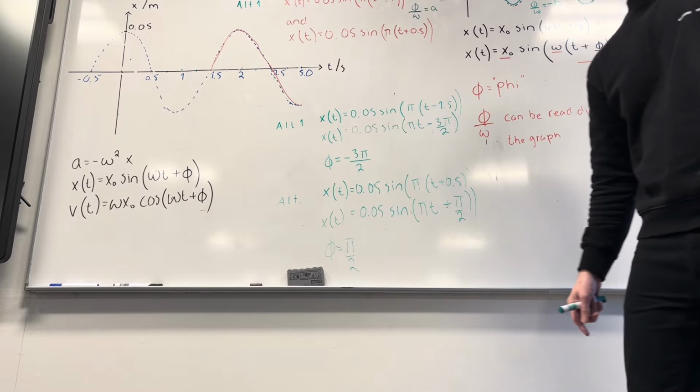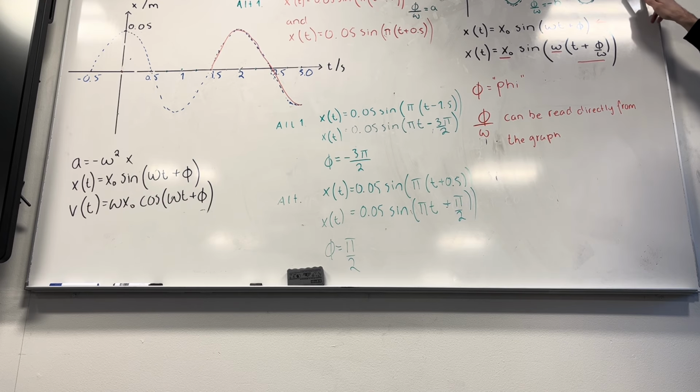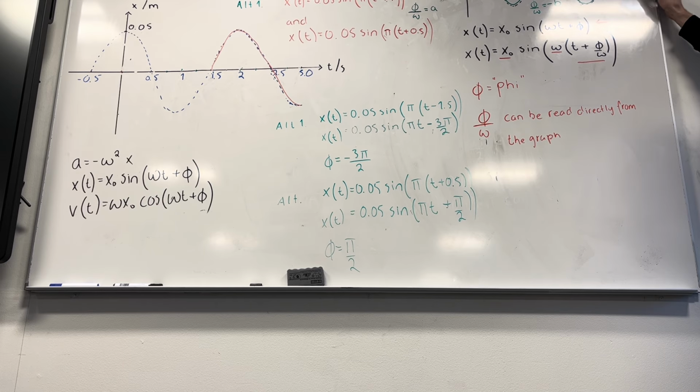Why can't we read the phase difference directly from the graph with the arrow? That's the problem. What unit do you have on this x-axis? Seconds. That's time.